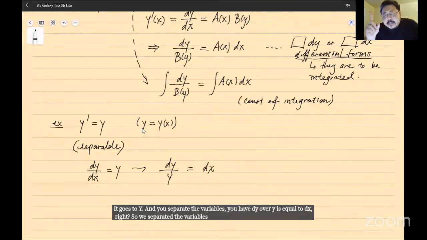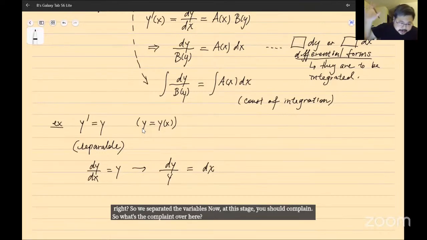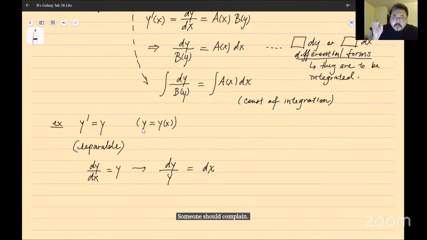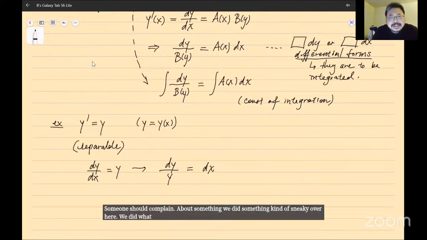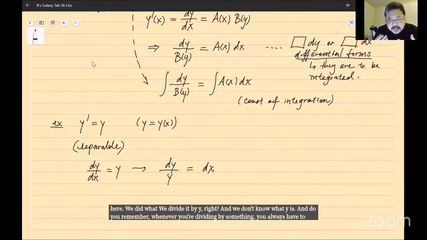Now at this stage, you should complain. Someone should complain about something. We did something kind of sneaky here: we divided by y, and we don't know what y is. Do you remember, whenever you're dividing by something, you always have to pay attention to whether we are dividing by 0?